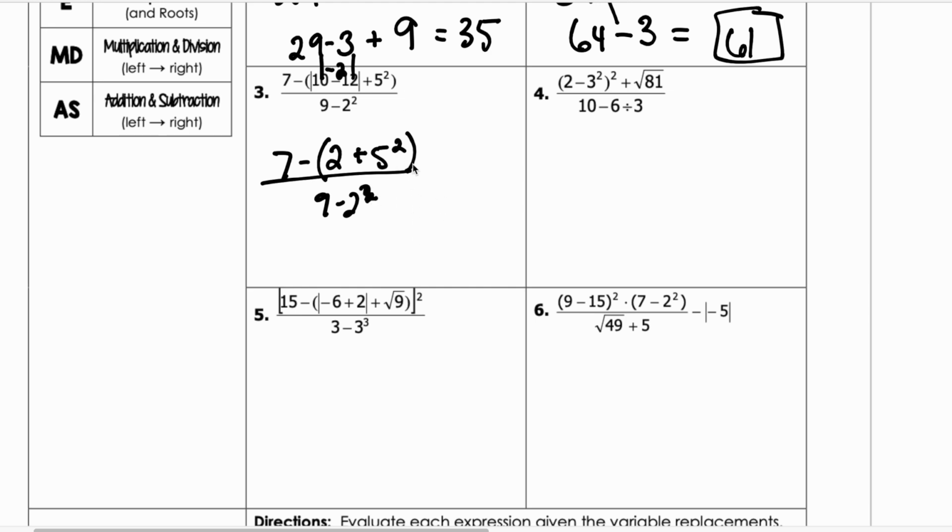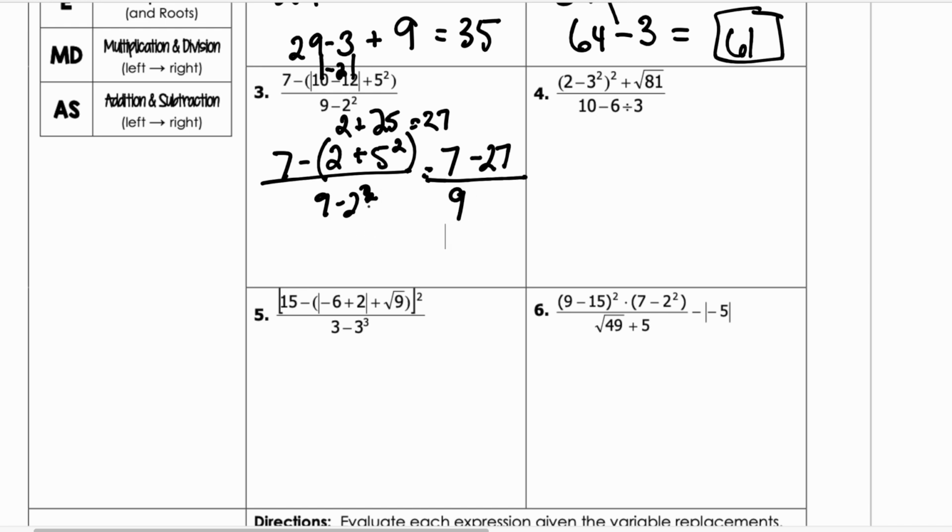And now we're going to still handle our grouping symbols. We can't move on to this exponent yet until this is done. So we have 5 times 5 is 25, and then 25 plus 2 is going to be 27. So now I can rewrite this as 7 minus 27 all over 9.